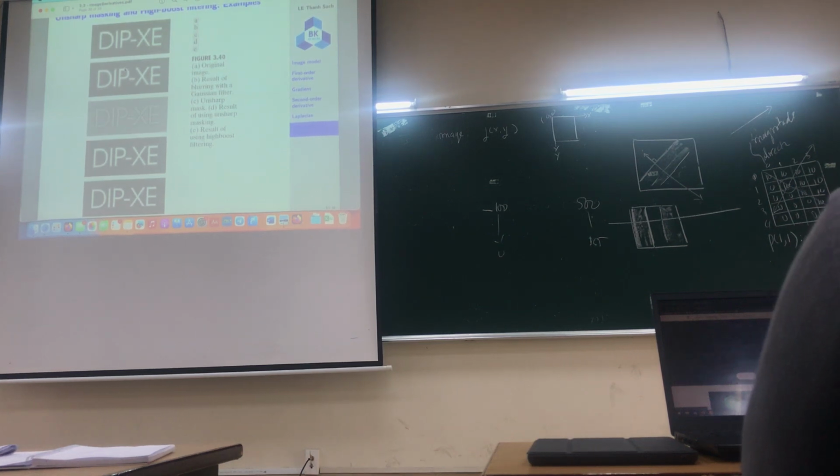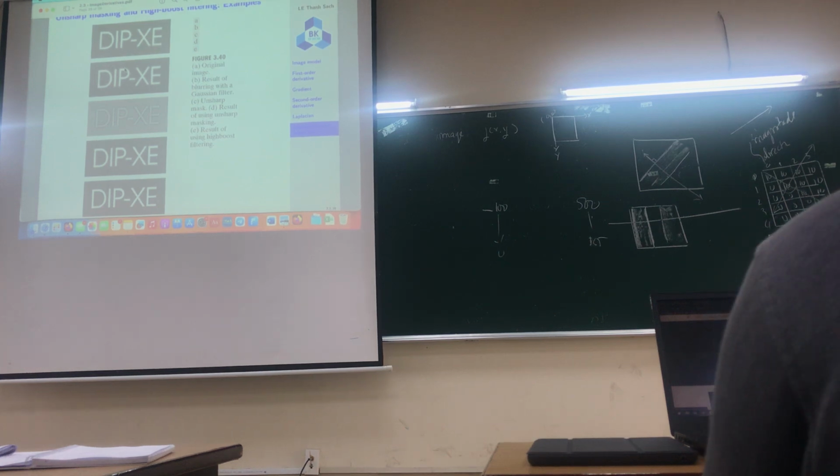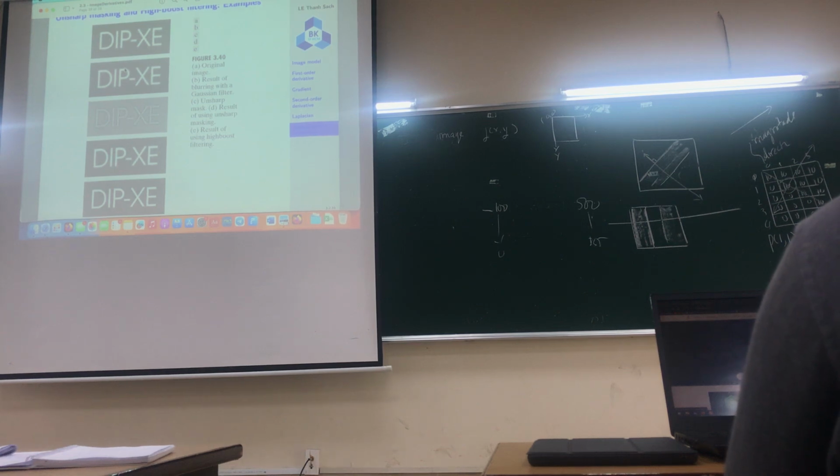Here is some example. You have Gaussian blur, maybe more blur. Okay, but in sharpening you have it over there.